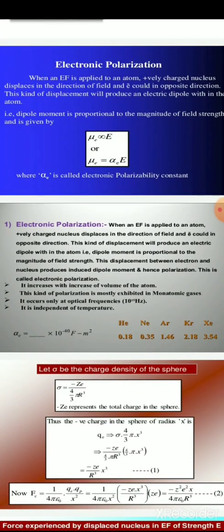It occurs only at optical frequencies, meaning the highest frequency. Electronic polarization has the highest frequency, 10 to the power of 15 Hz. It is independent of temperature, which means it does not depend on temperature, so irrespective of temperature it is taken here.